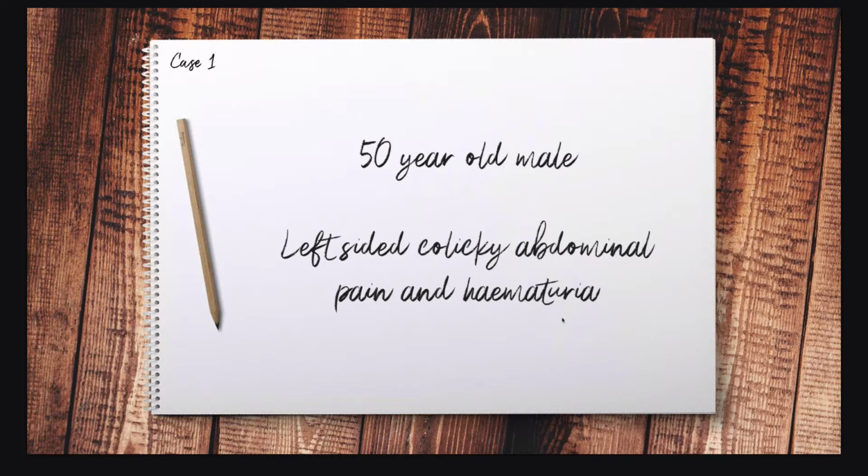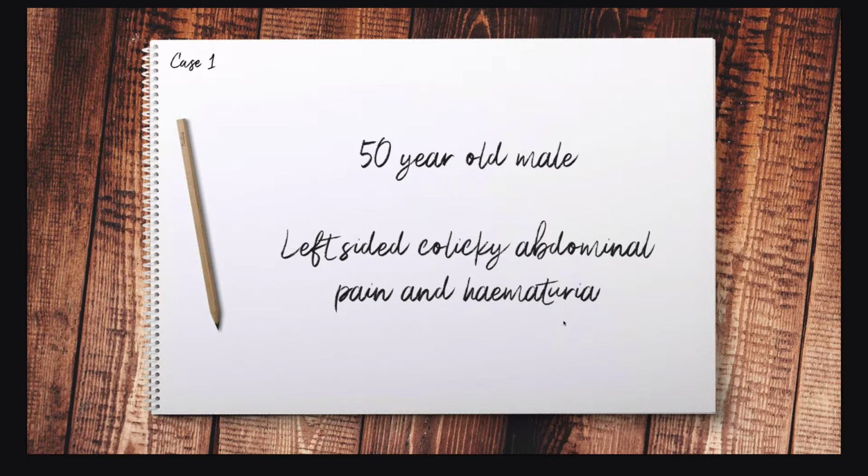So they will specifically request a CT KUB on the system. And your job is checking that, well, does that fit? Is the history providing me consistent with something that's suspicious for ureteric colic, and therefore is that an appropriate examination? In most cases from ED, yes, it will be, and you just need to go ahead and protocol that as a CT KUB.